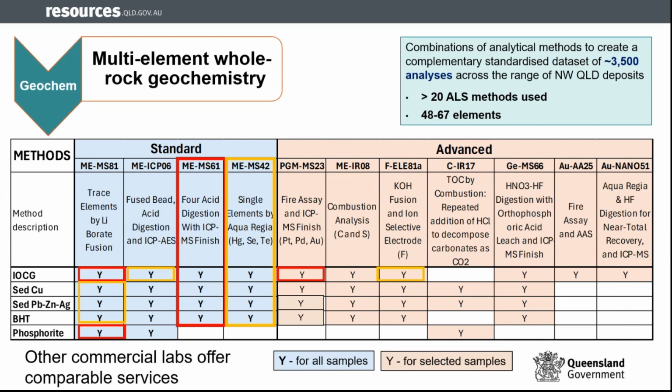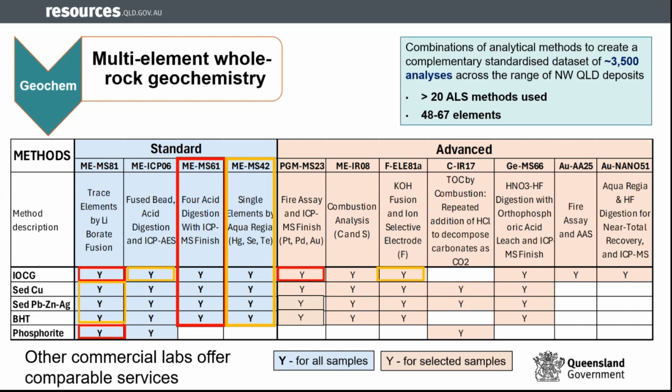So from the point of sample selection, the most important first thing we do is multi-element geochemistry. And this is a summary of everything we use. First of all, a warning: this is not advertising a specific laboratory, it's just the one we most commonly use. Other commercial laboratories have comparable services.